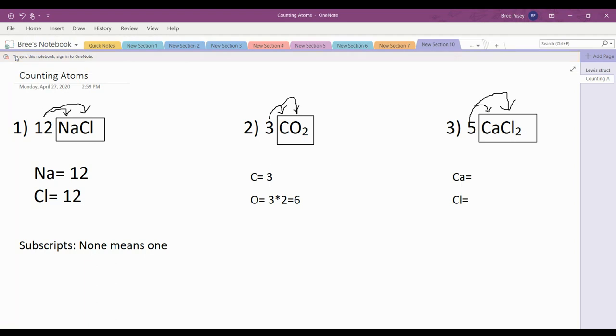For Ca, I have no subscript, and none means 1, so 5 times 1 is just 5. For Cl, I have my coefficient of 5, I have a subscript of 2, and I know that 5 times 2 is equal to 10.